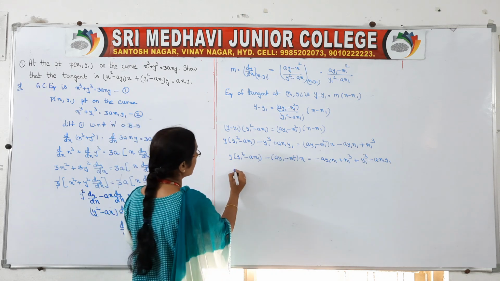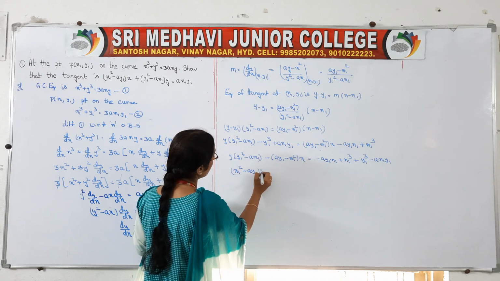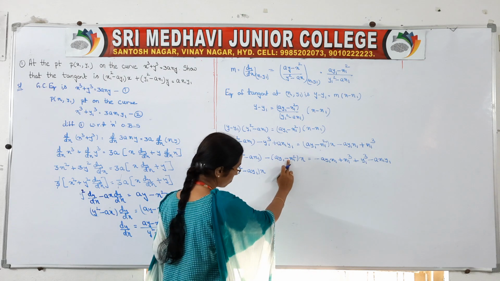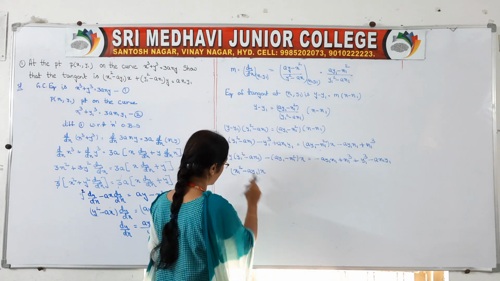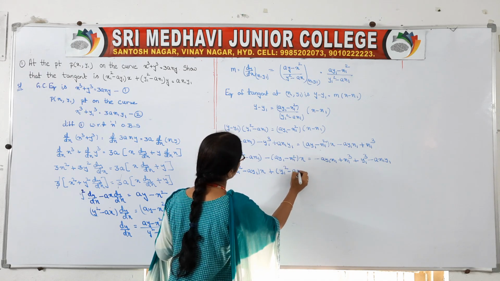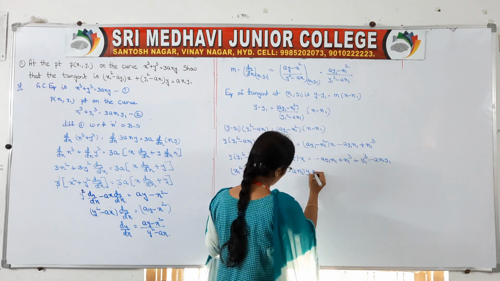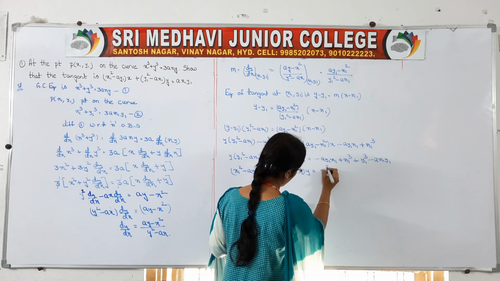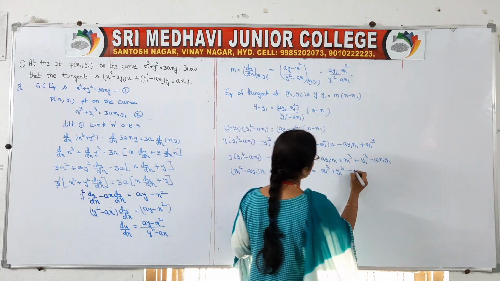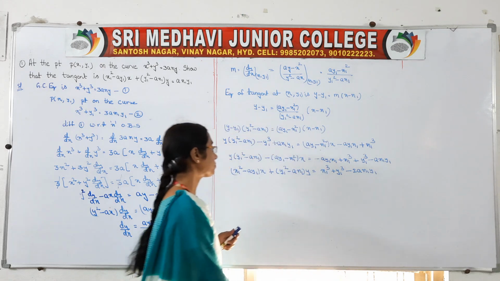So it will be x1 square minus a y1 into x, sending the minus sign inside, then this becomes plus and this becomes minus, then plus y1 square minus a x1 into y is equal to, we can write this as x1 cube plus y1 cube minus 2 times 2a x1 y1.